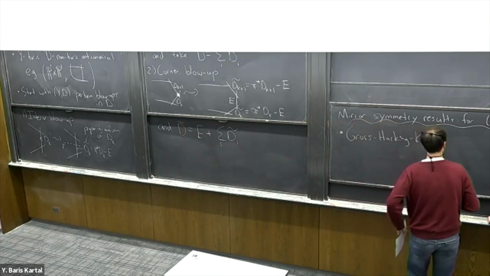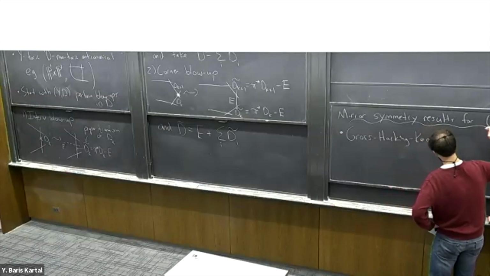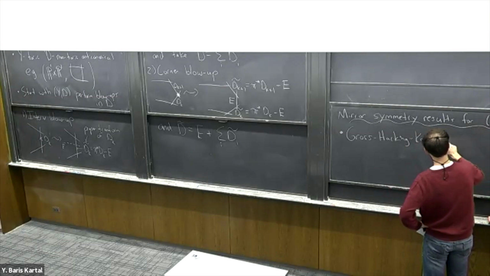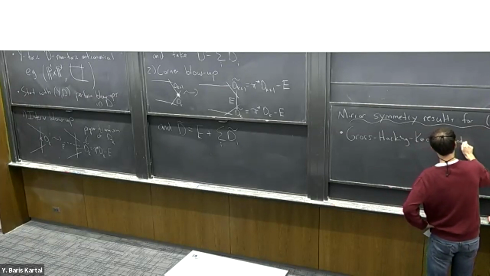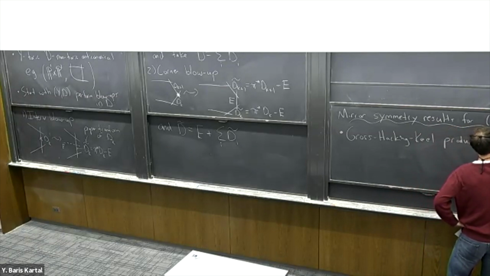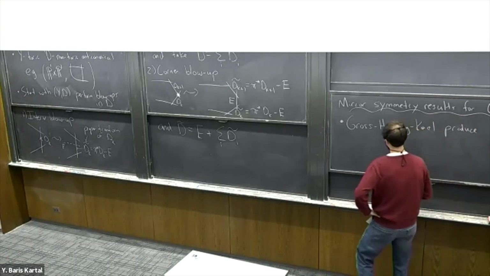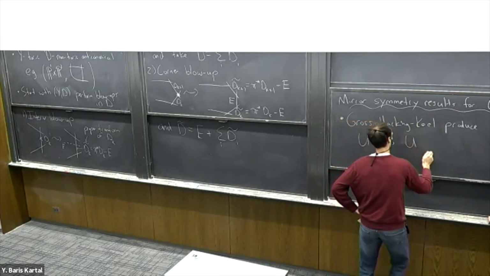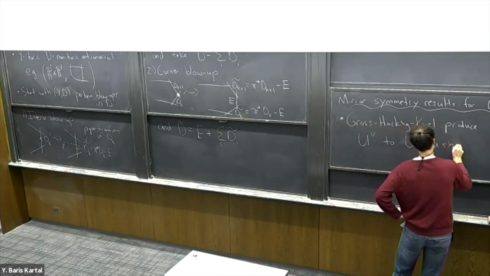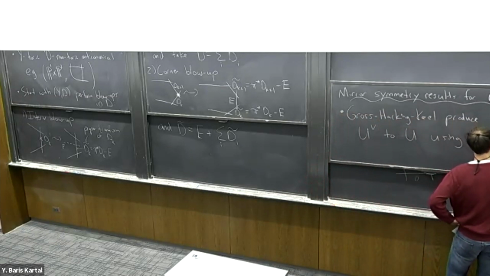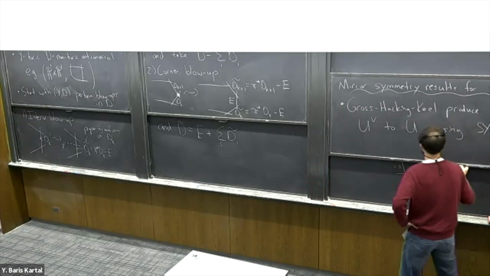So what they do is produce from this chosen pair a mirror, which I'll call U check to U, using SYZ and Gross-Siebert principles.